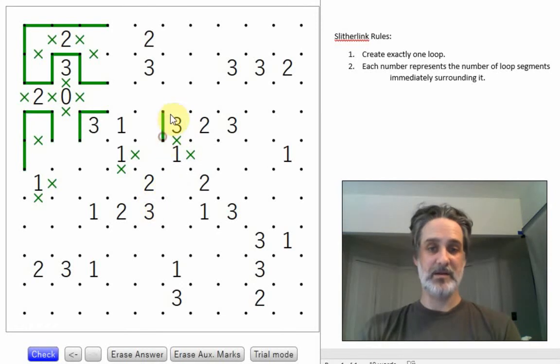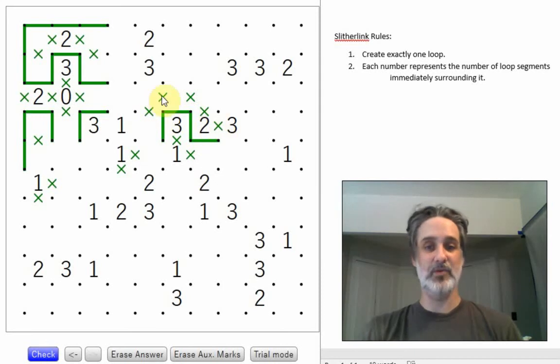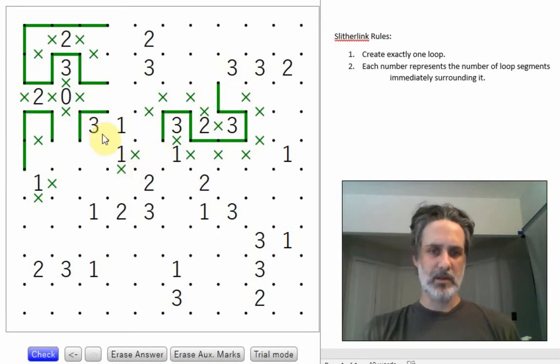Now this 3 gets pathed out, and I can put some more X's because I cannot intersect the path again. So this is just a little bit more of looping and path necessity here. Thought I saw something over here briefly, but we're going to go back up here in this area.